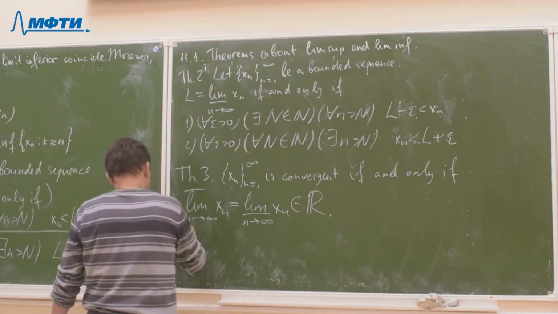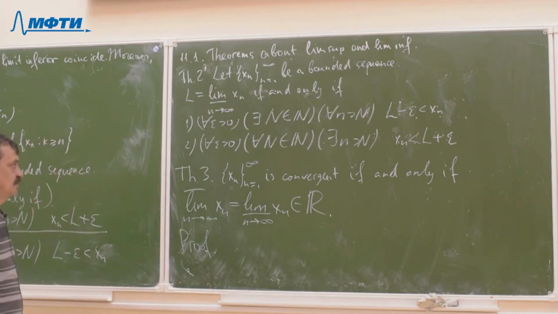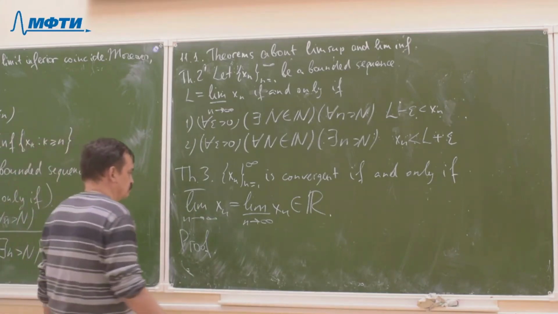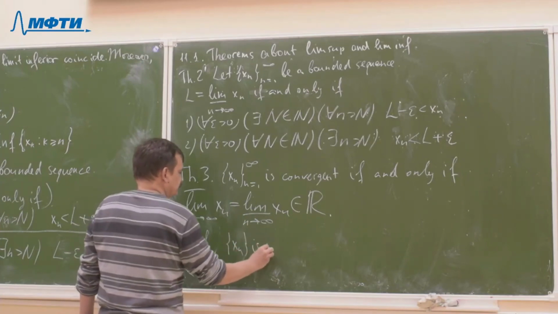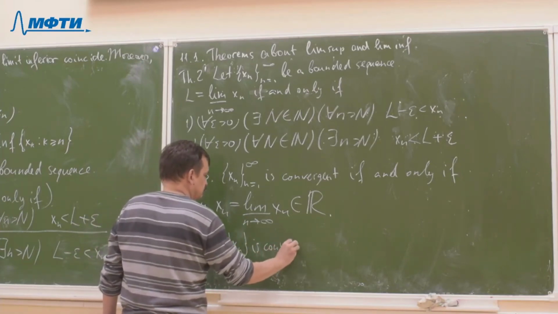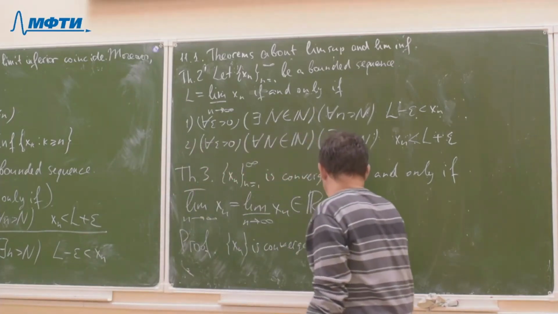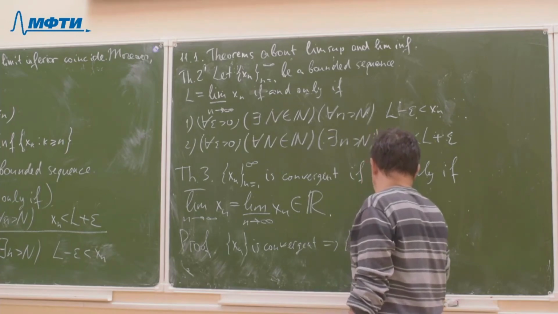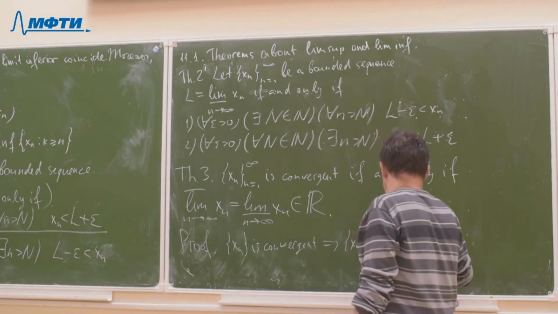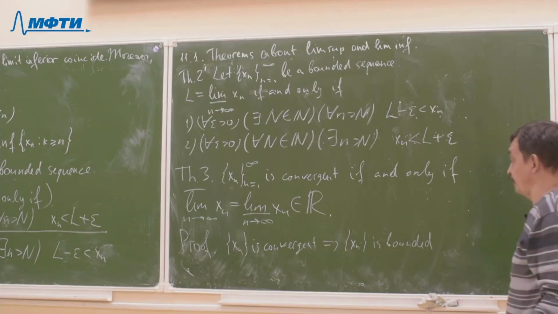Proof. So, if x_n is convergent, then it is bounded, as we know. There was an assertion about it.